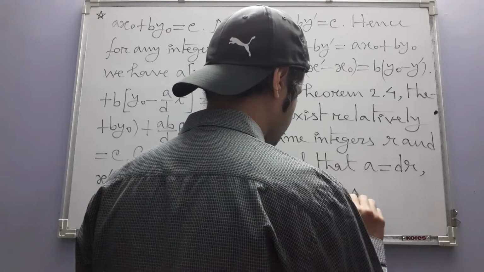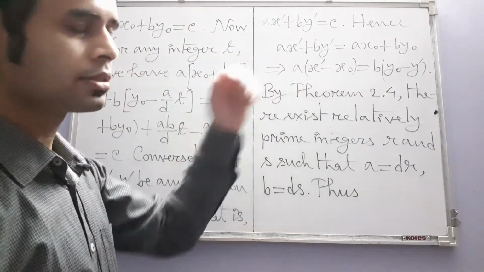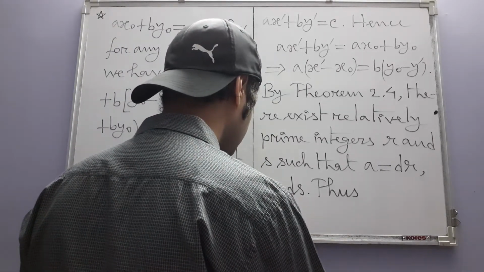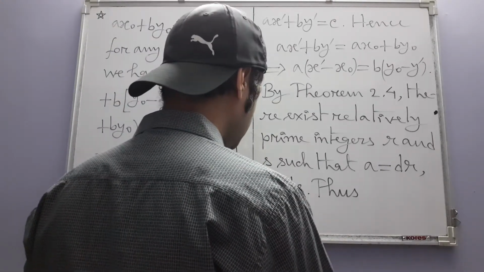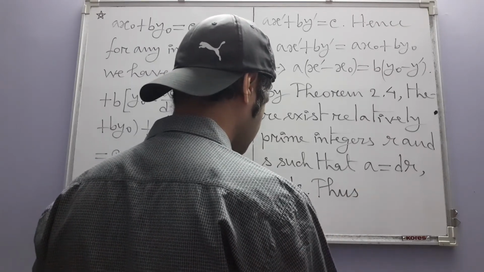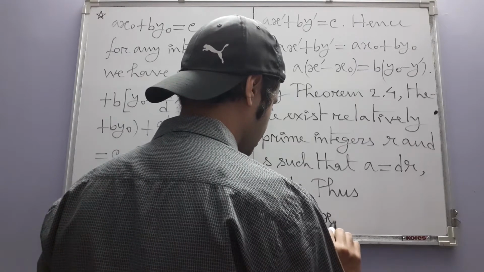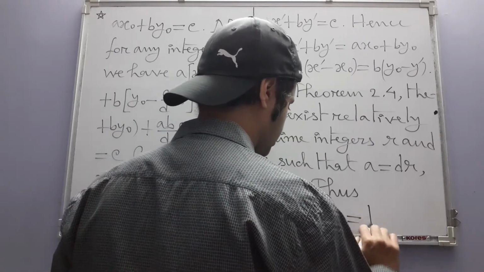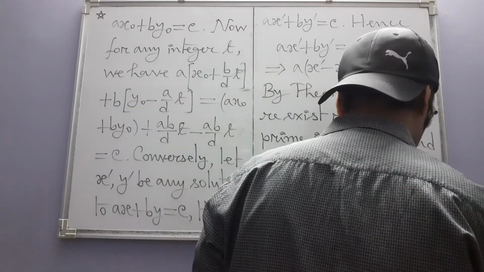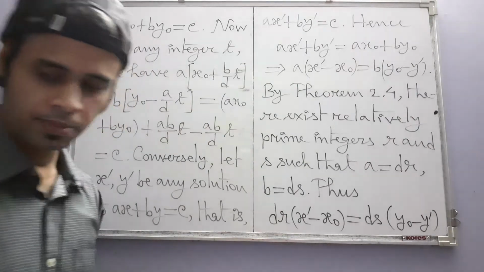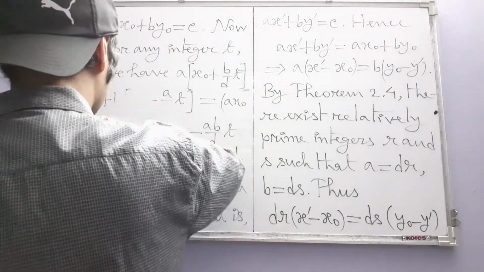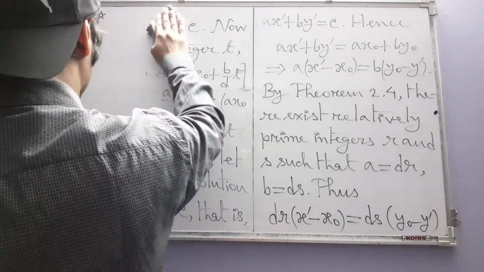Thus, now if you use these expressions in this last equation above, then you get dr times (x prime minus x naught) is equal to ds times (y naught minus y prime), which would imply, we are now able to cancel d from both sides.